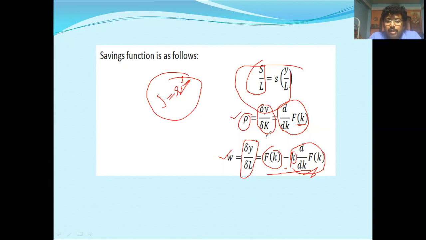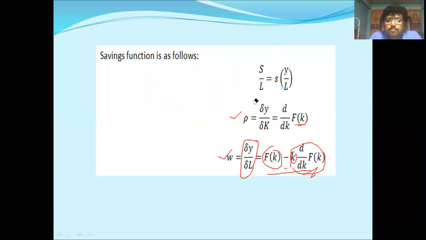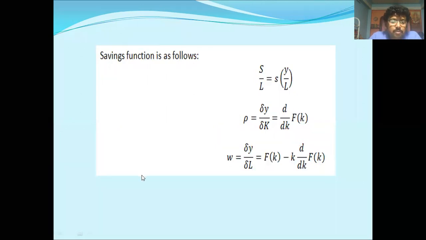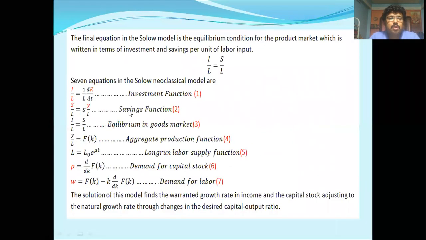Now I am erasing all this marking. Look, now the final equation in the Solow model is the equilibrium condition for the product market, which is written in terms of the investment and savings per unit of labor input.